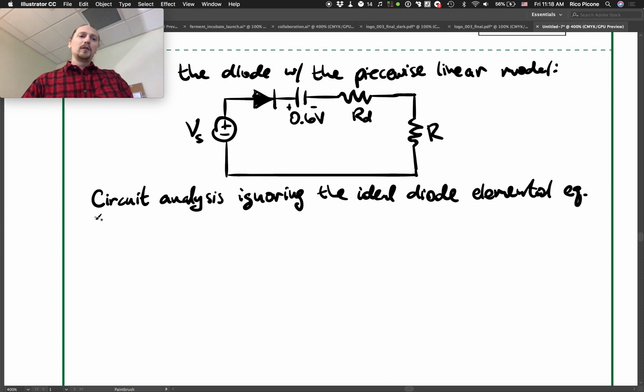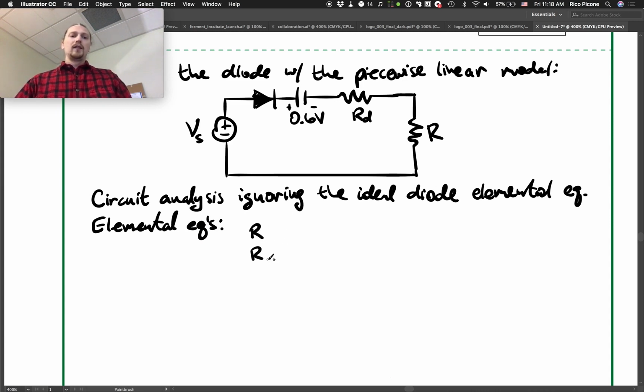We'll do our usual process, the elemental equations. So let's do our passive elements that are ignoring the diode: the resistor R and the diode resistance RD.